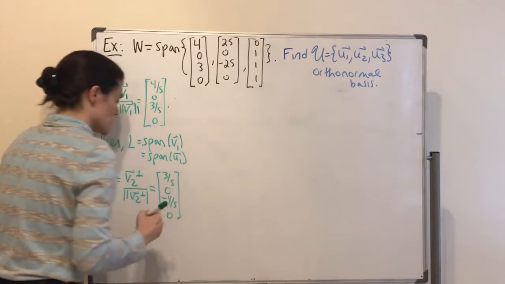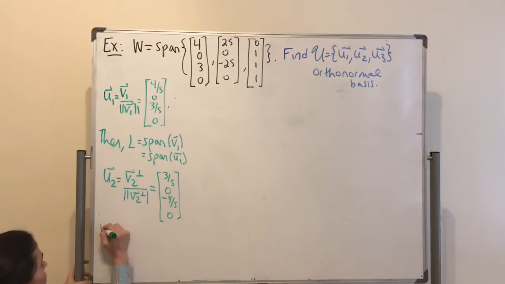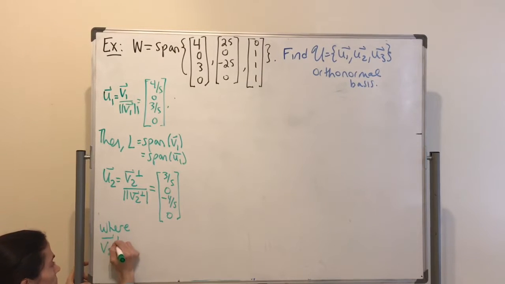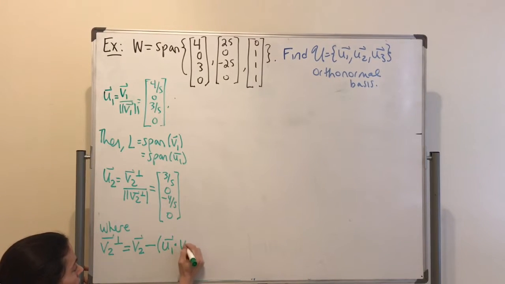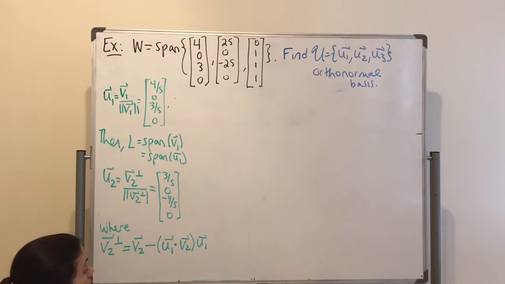I will just comment that this vector equaled v2 minus u1 dot v2 times u1. It came from orthogonal projection.